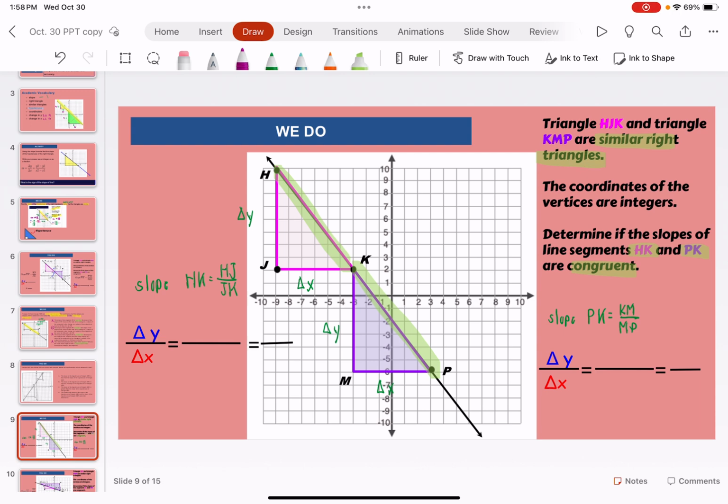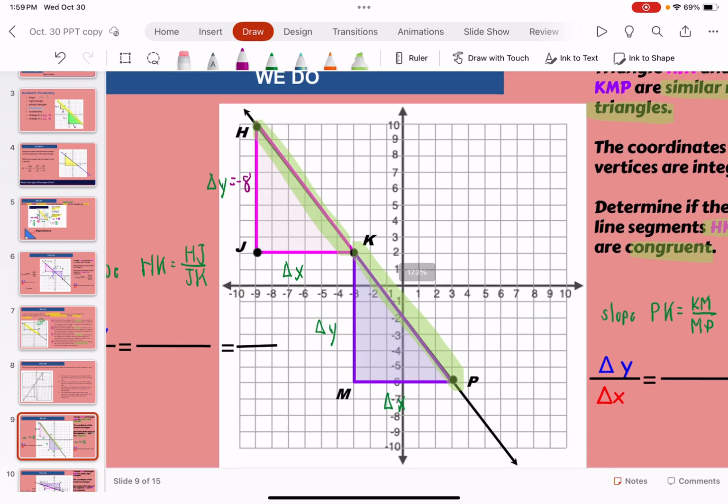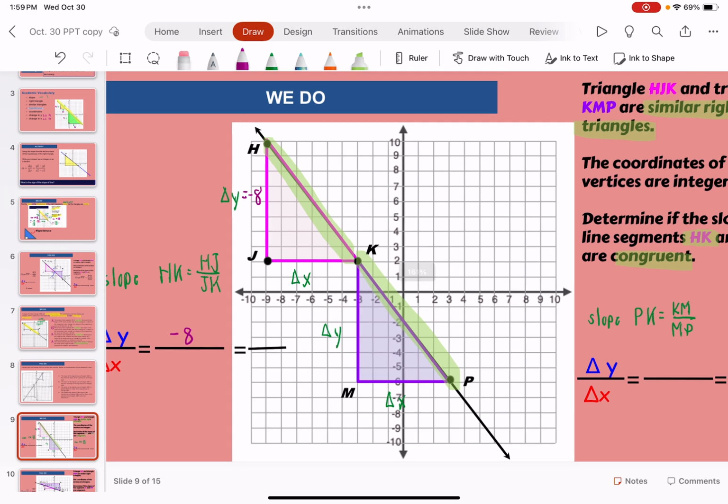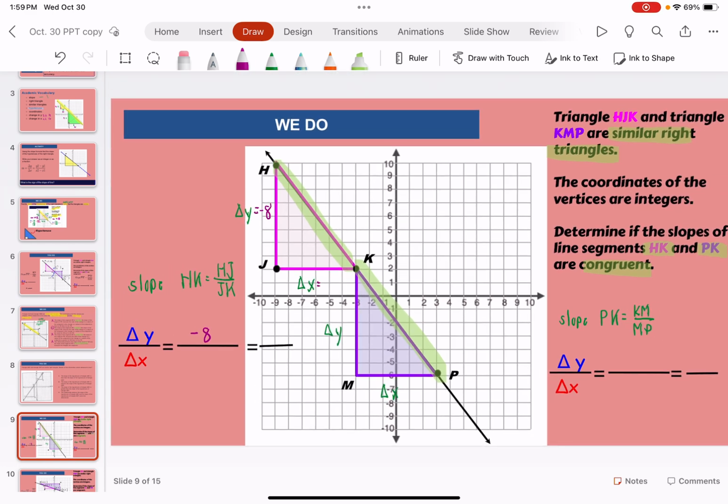Okay, from here, I'm going to count the boxes, right? So we have 8 boxes for my change in Y. For H to J is 8, so we have -8 on top. And then our change in X is going to be 6. So we have -8/6.